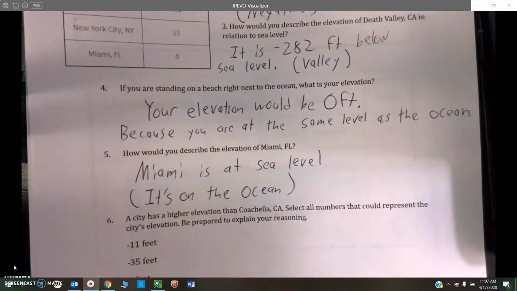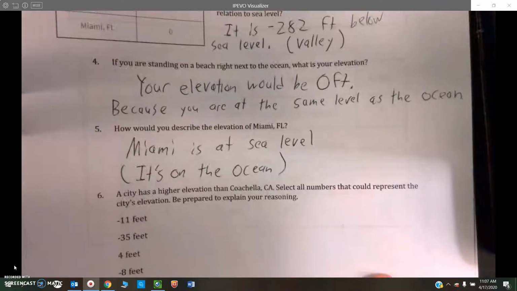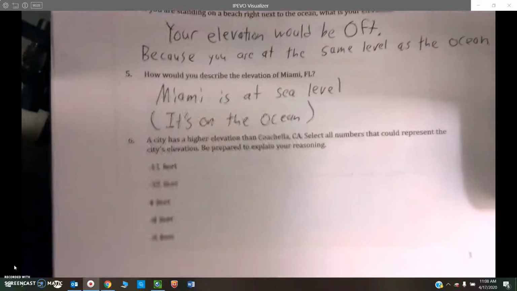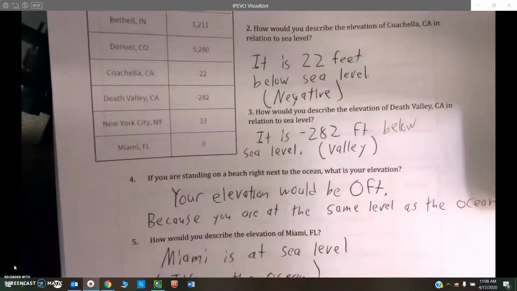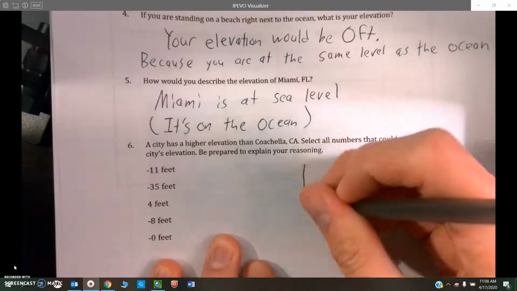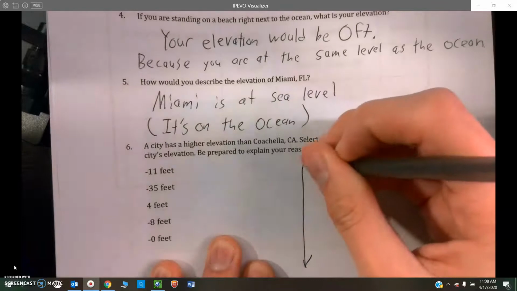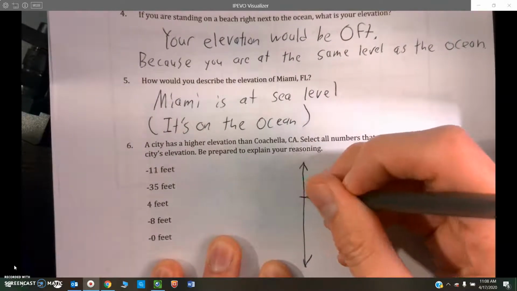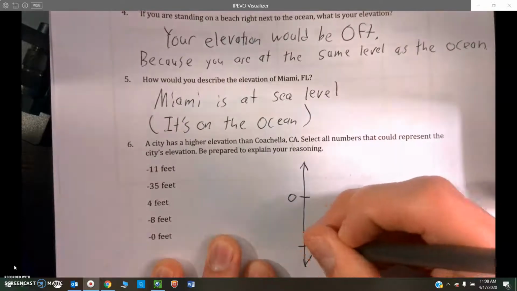Okay. A city has a higher elevation than Coachella, California. Select all numbers that could represent the city's elevation. Be prepared to explain your reasoning. So once again, we know Coachella is at negative 22. So I'm going to draw a little vertical number line. And let's say 0 is here.